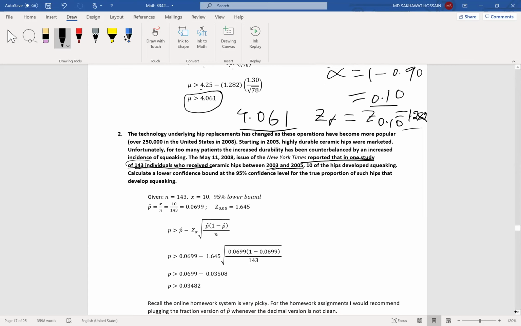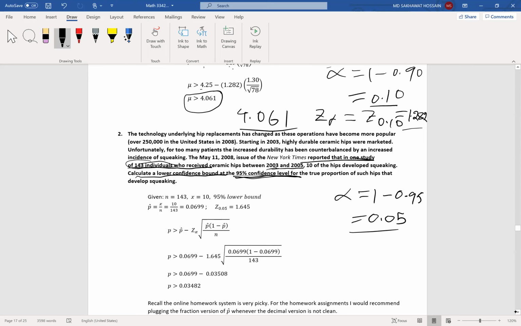We have to calculate the lower confidence bound at 95% confidence level. So alpha is 1 minus 0.95, so this is 0.05. This is our significance level.